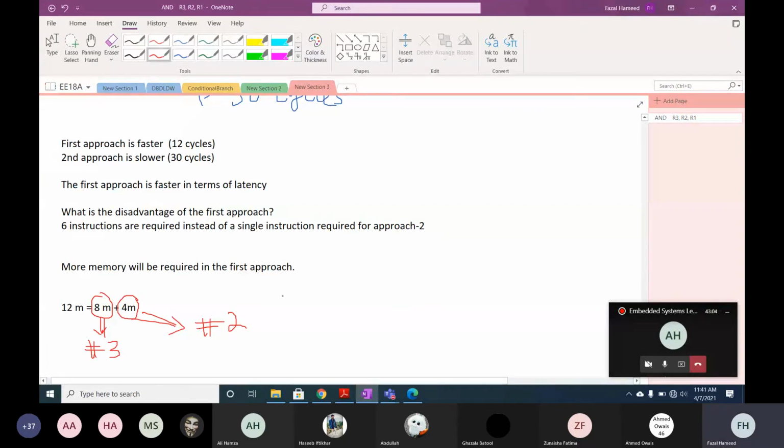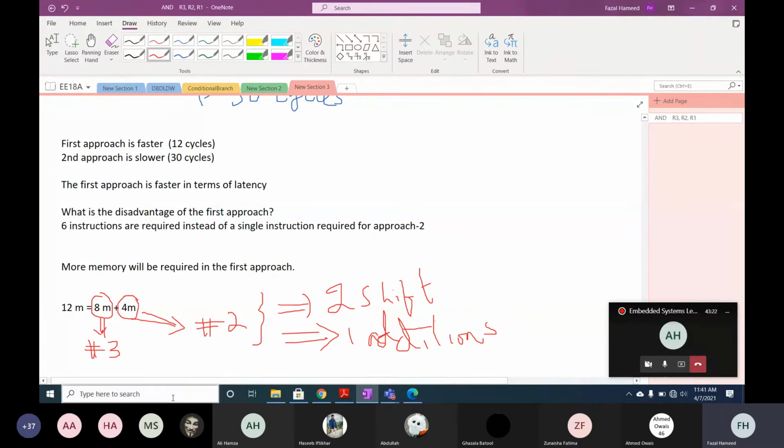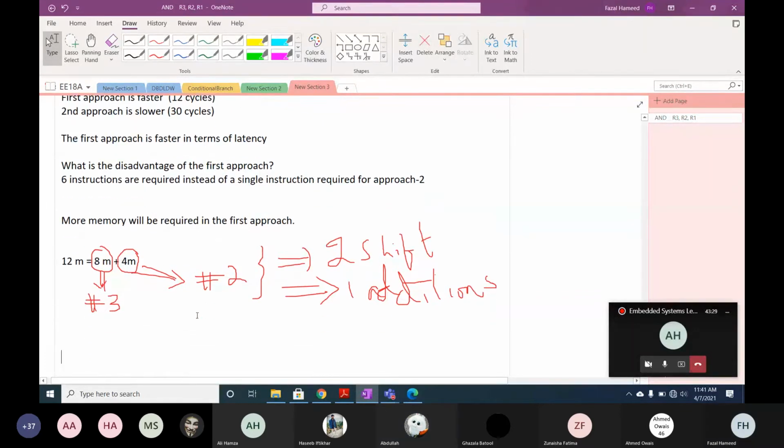It required 2 shifts. And how many additions? One addition. So how many cycles will be required to multiply by 12? 6 cycles.